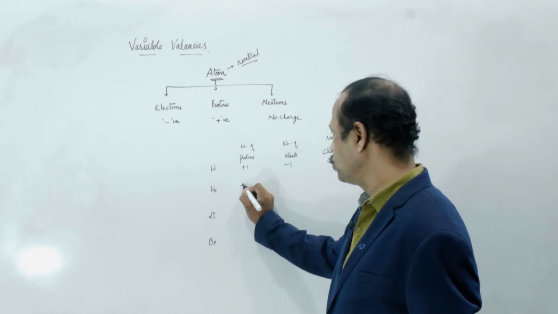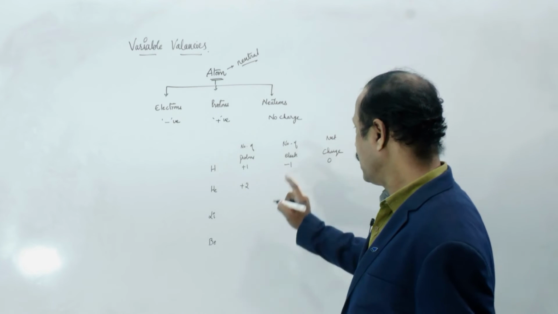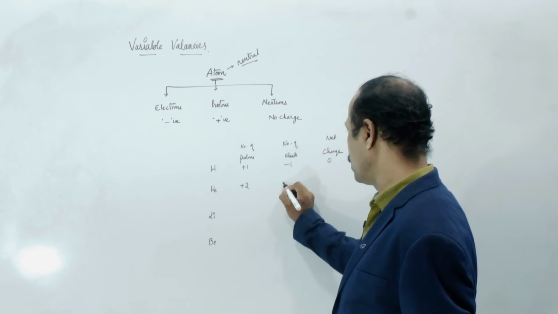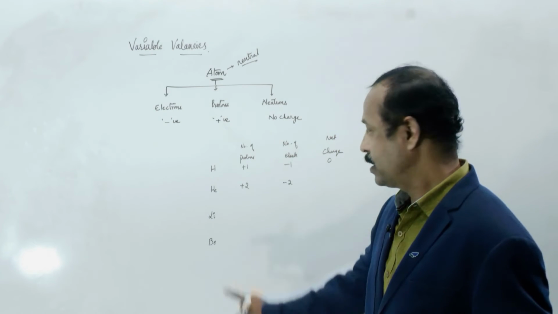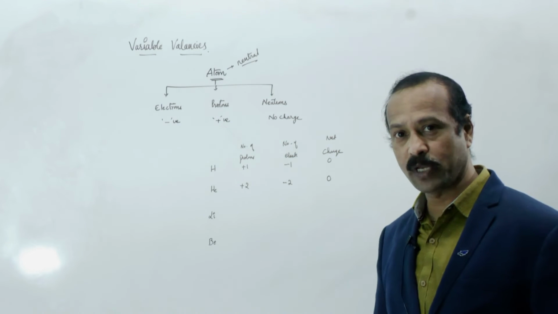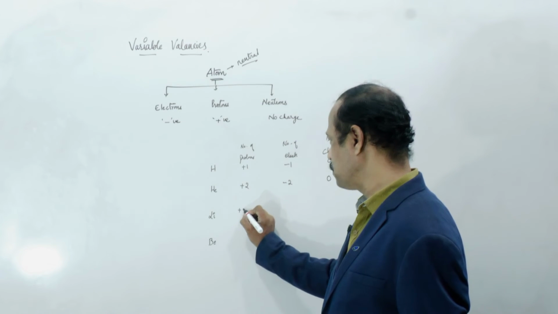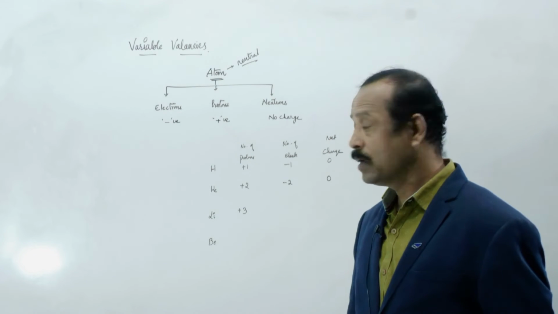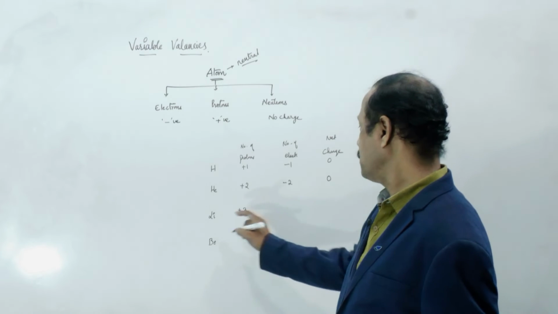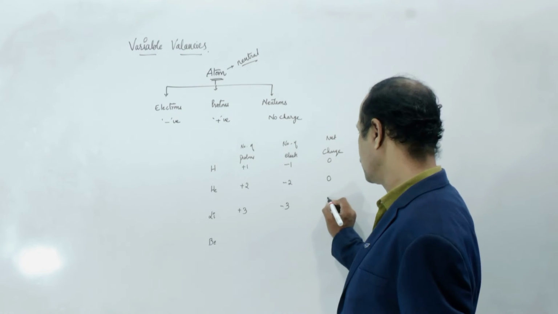Helium has 2 protons, plus 2, and 2 electrons, minus 2. Plus 2 minus 2 is 0. Lithium has 3 protons, plus 3, and 3 electrons, minus 3, so 0.